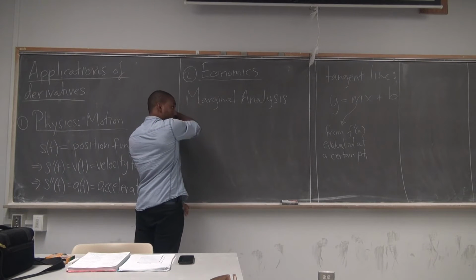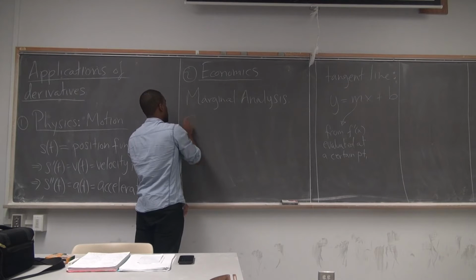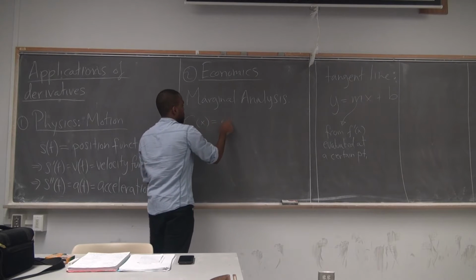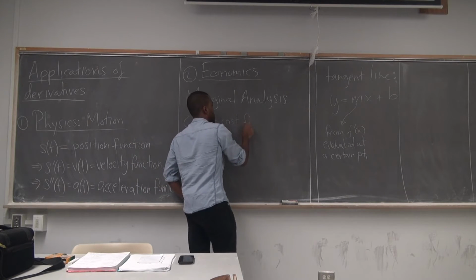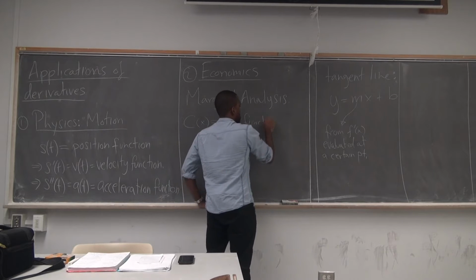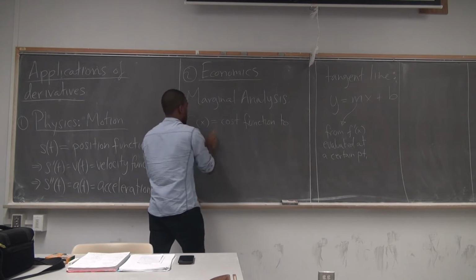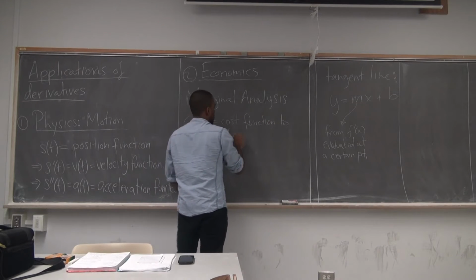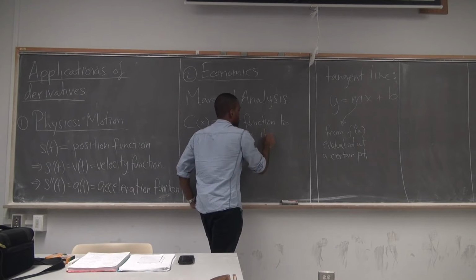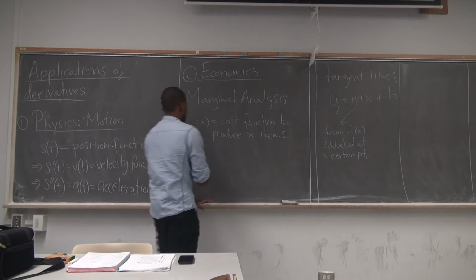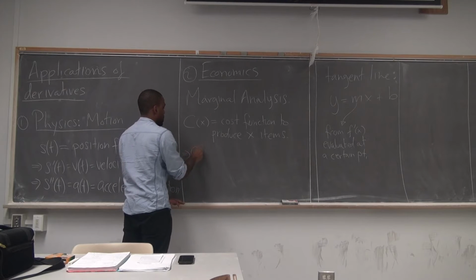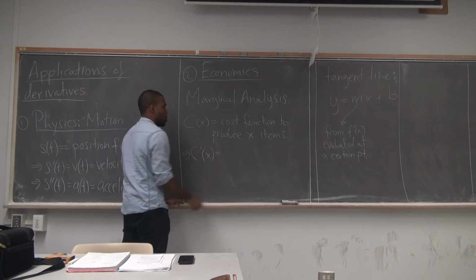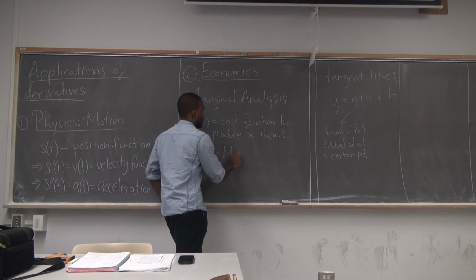So something like, if C of x is a cost function to produce x items, products or services or whatever, then if you take the derivative of C of x, that gives you what's called the marginal cost function.